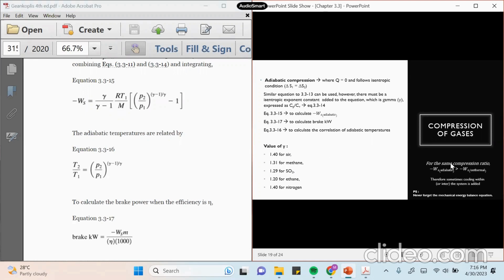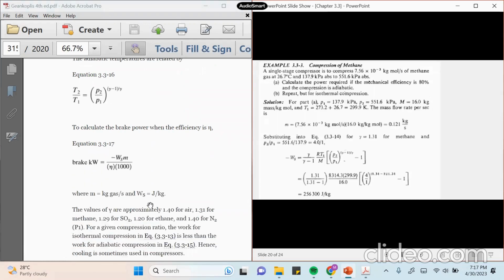Now, for the same compression ratio, this is an important note: the power needed for adiabatic compression is always higher than the power needed for isothermal compression. Therefore, sometimes in adiabatic compression, cooling is needed.